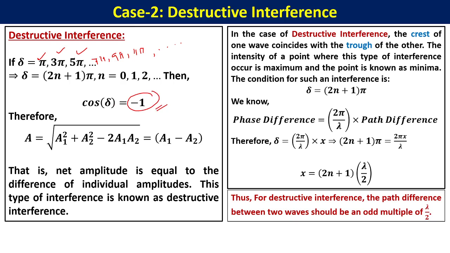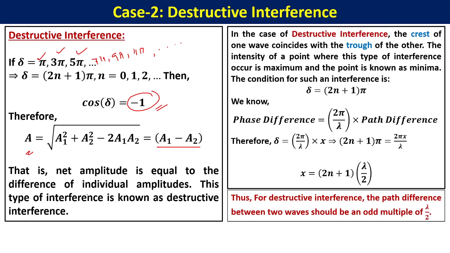If cos delta equals minus 1, then the net amplitude is given by a1 square plus a2 square minus twice a1 a2, because there was a cos delta term. This is nothing but a1 minus a2 whole square, and ultimately we get a1 minus a2.